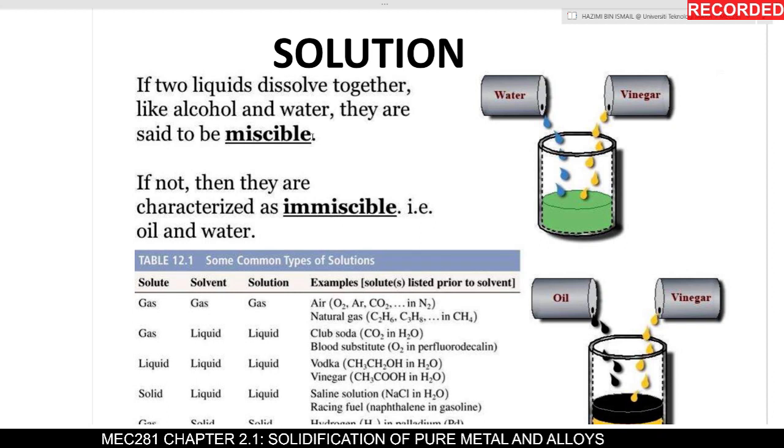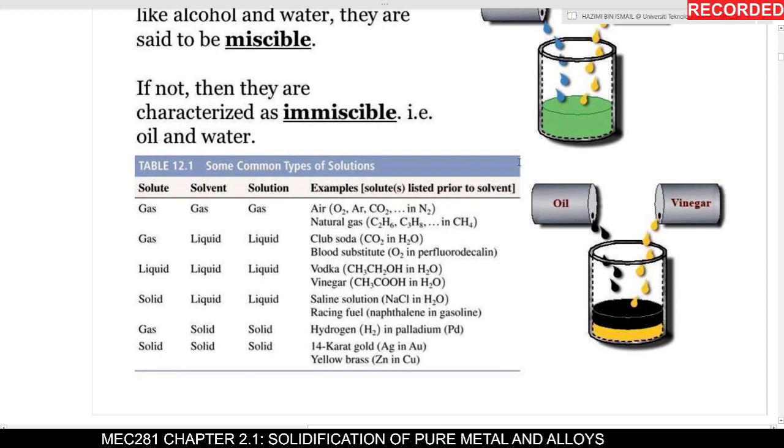Okay, macam air dan minyak memang takkan boleh campur. So if it can be soluble, can be mixed, and then we can dissolve, we call it miscible. If they cannot be dissolved together, it is immiscible. Okay, so these are the common types of solutions.